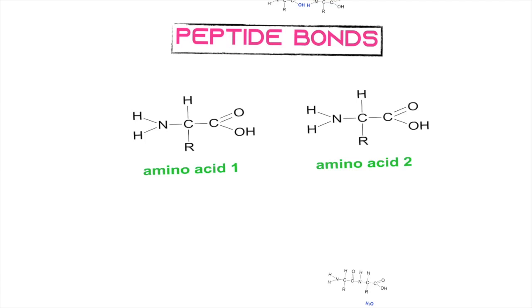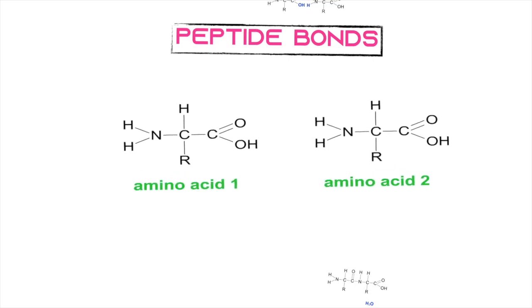Amino acids can also form bonds together by means of condensation reactions. So right here we got two amino acids, and you could see we've pointed the acid group on the left to the amine group in the other amino acid. These two groups will undergo a condensation reaction, so we're going to remove the OH group from the acid and the H from the amine group.